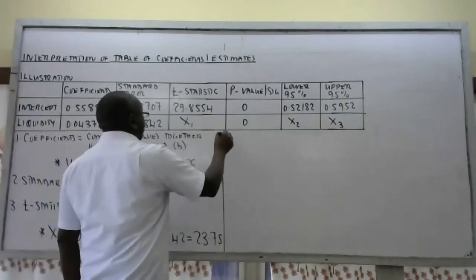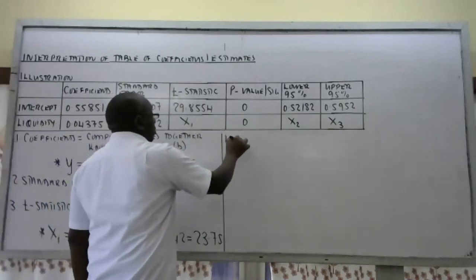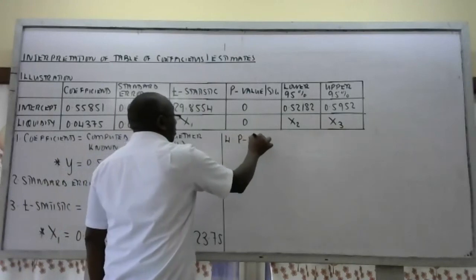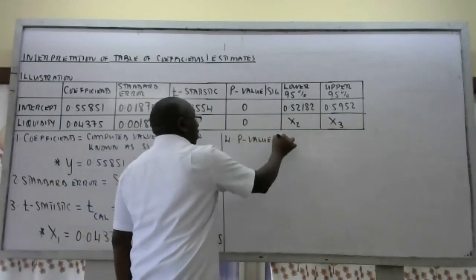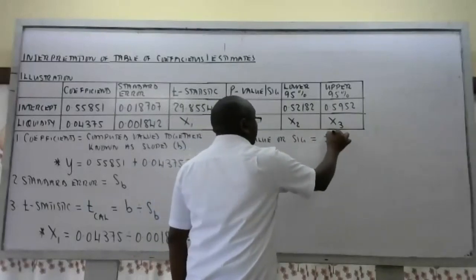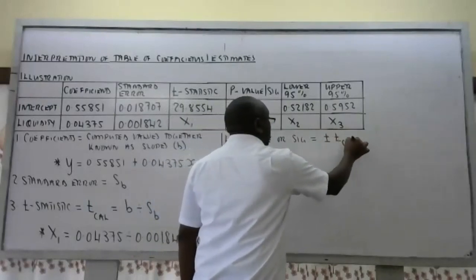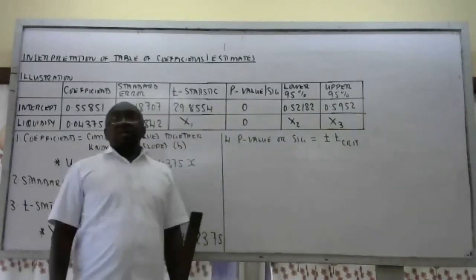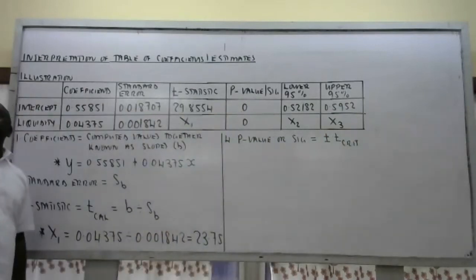And this other one, that is point number 4, the one called P value or C, it is simply plus or minus T critical. The one we were reading from the table. That is it.